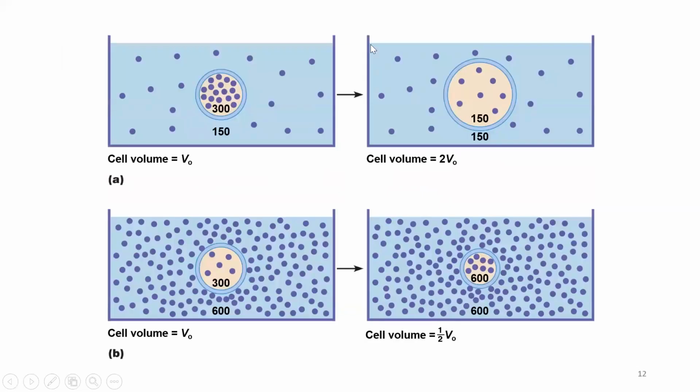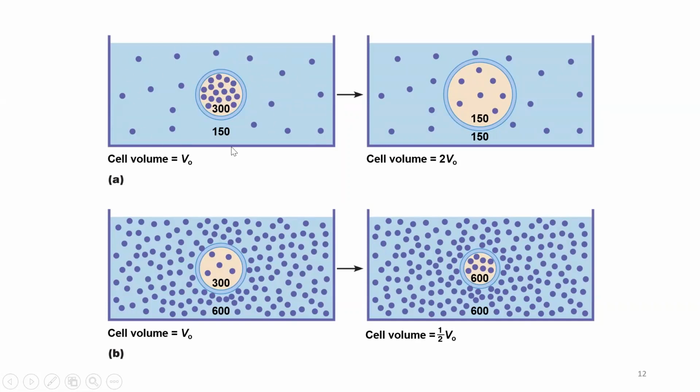Okay, great. In this final example, we'll apply some of that understanding. Basically we've got two cells suspended in two different solutions. In part A, we've got a greater solute concentration inside the cell, 300 milliosmol. We've got a lower solute concentration outside the cell.